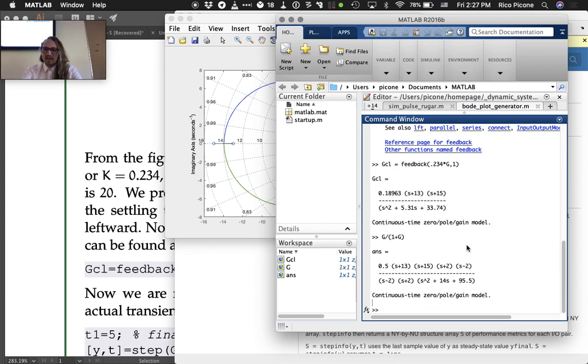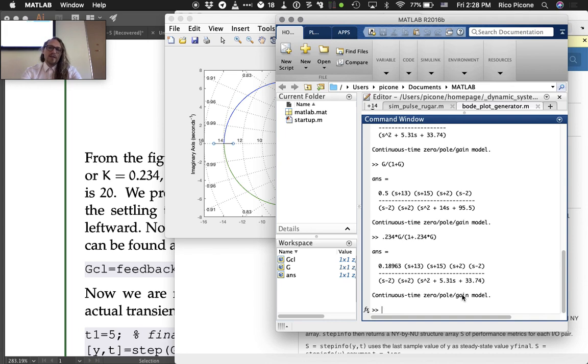I'm not sure what's up with that. It's a little bit off there. What's going on, guys? Oh! Because I didn't include my gain, right? So what I need to do is 0.234 g over 1 plus 0.234 g.